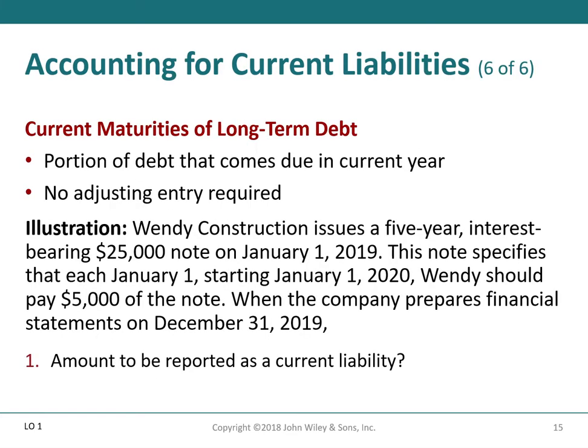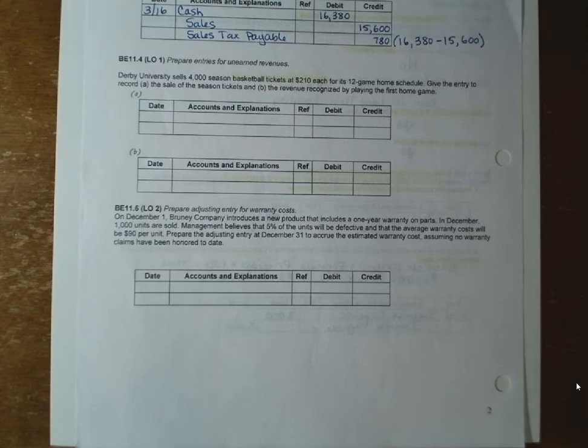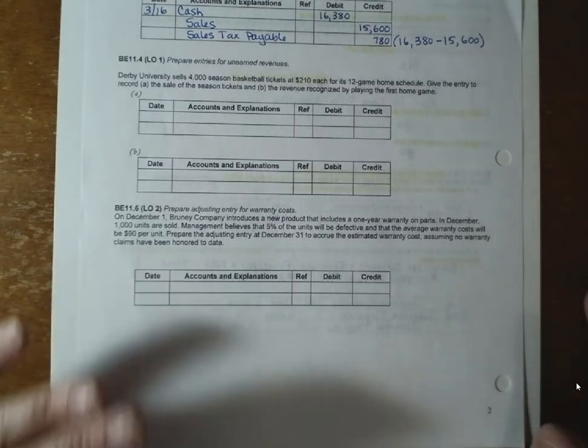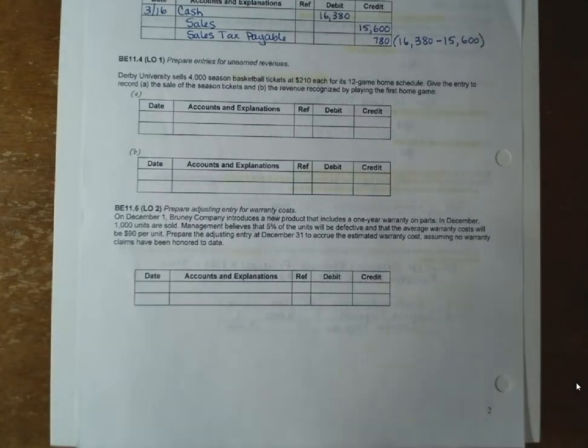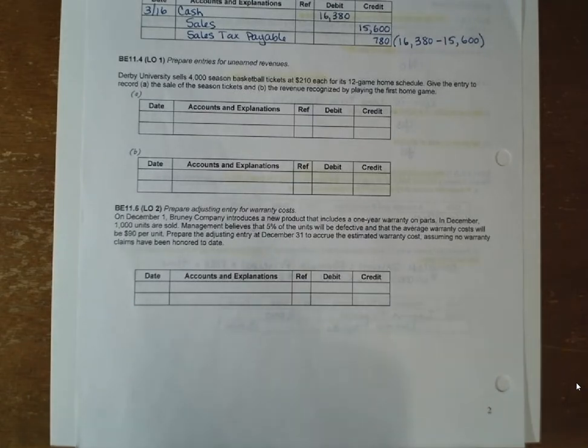Okay, so let's go ahead and solve the first problem. Derby University sells 4,000 season tickets at $210 each for its 12-game home schedule.